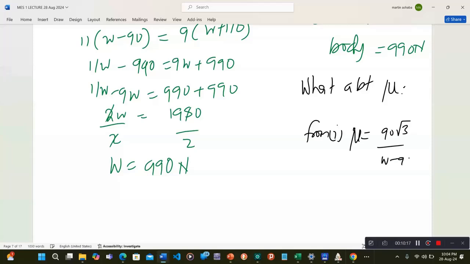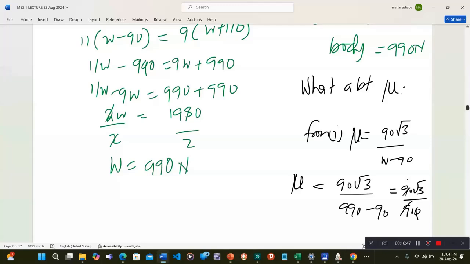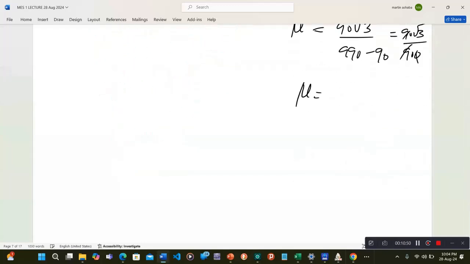But W is 990, so our nu will equal 90 root of 3 divided by 990 minus 90. This becomes 90 root of 3 divided by 900. So this and that will go, so that I remain with the 10, and my nu will equal root of 3 divided by 10.